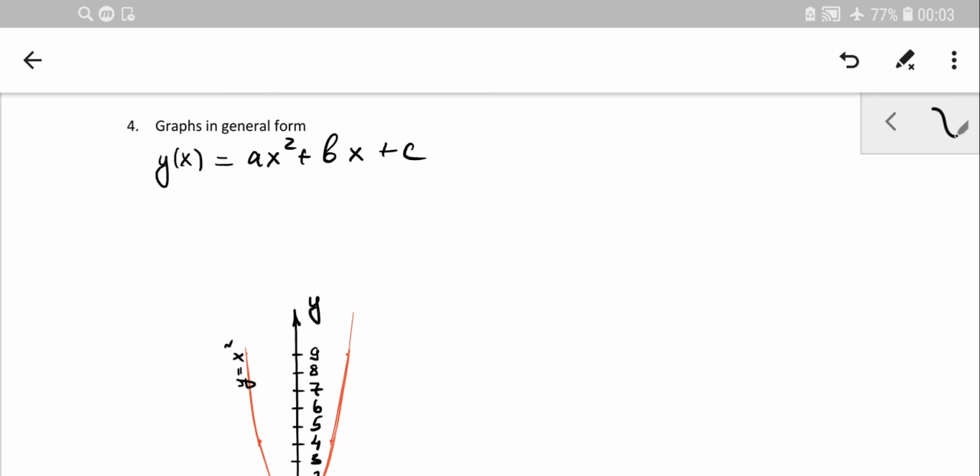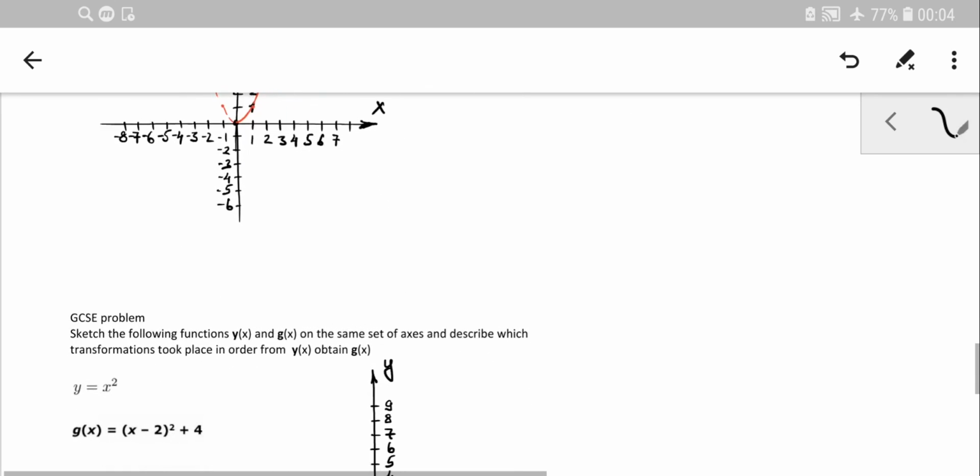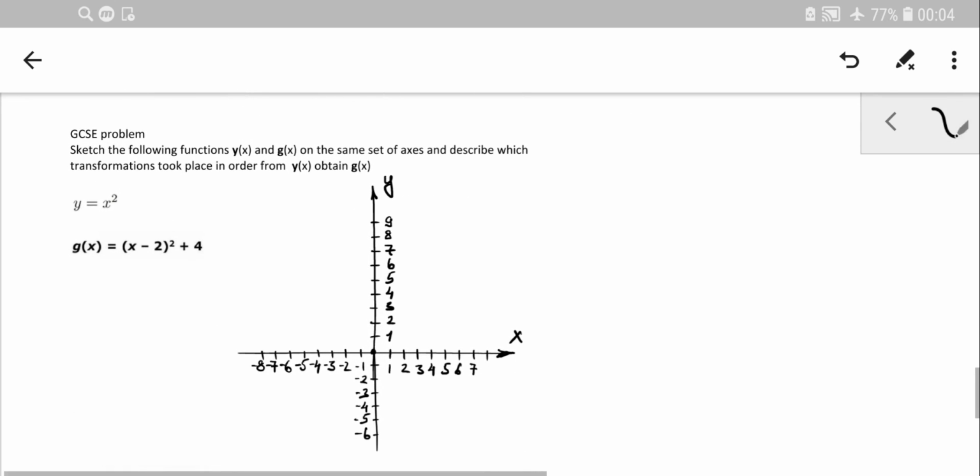And here my purpose is to tell you how to get from the general form into the vertex form, which we're supposed to have in the next video. And also I'll tell you how to resolve this problem. So for someone who wants to, just pause the video and try to do it on your own, and in the next video you'll see my solution and my explanation for that.